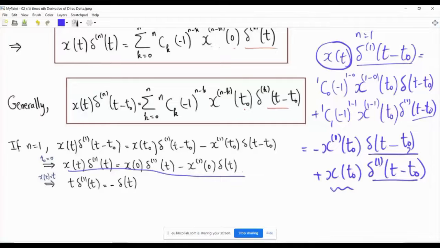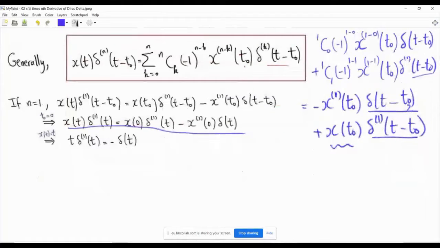Again, you just set t0 to 0, and now if you want a specific x of t, let's say that x of t is equal to t. Then its first derivative is equal to 1, and x of 0 is equal to 0.